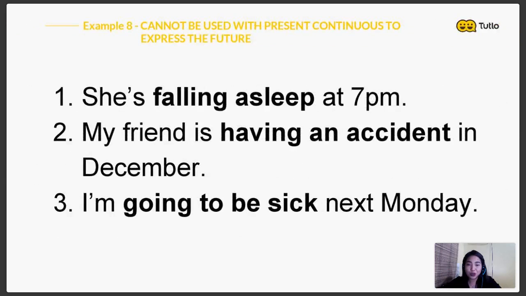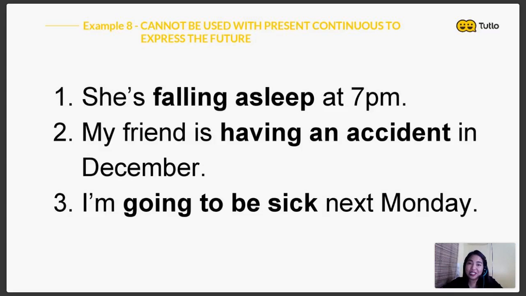Okay, let's read this. Number one, she's falling asleep at 7 p.m. Number two, my friend is having an accident in December. And number three, I'm going to be sick next Monday. All right, so these are the sentences that cannot be used, or verbs that cannot be used, because, let's explain.